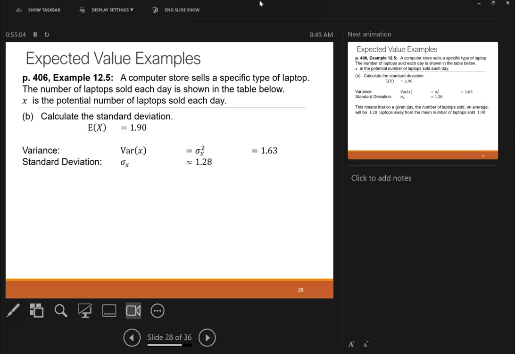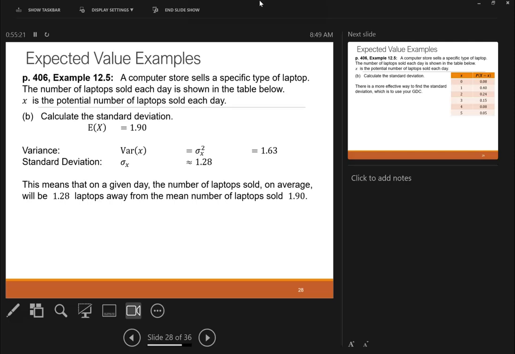So what does that standard deviation number mean? How can I interpret that? So on any given day, the number of laptops sold on average would be 1.28 laptops away from the mean, or the expected value.